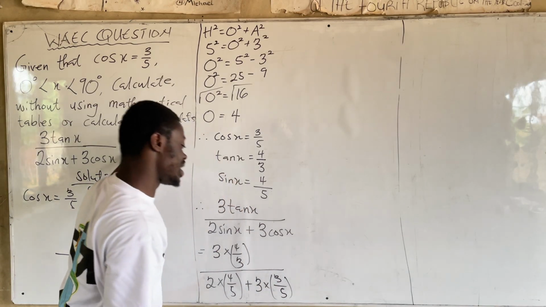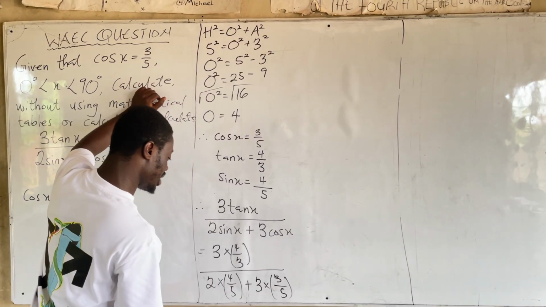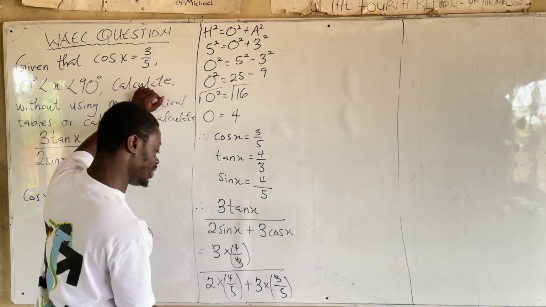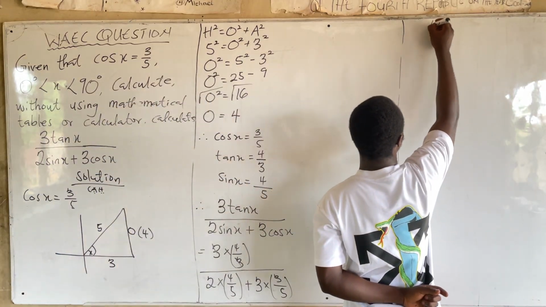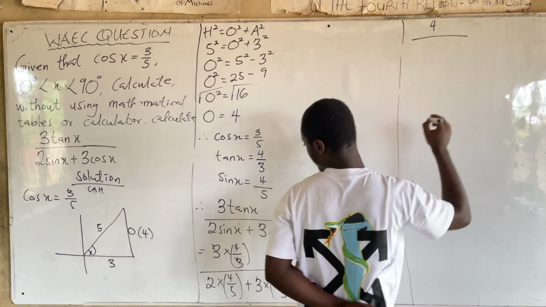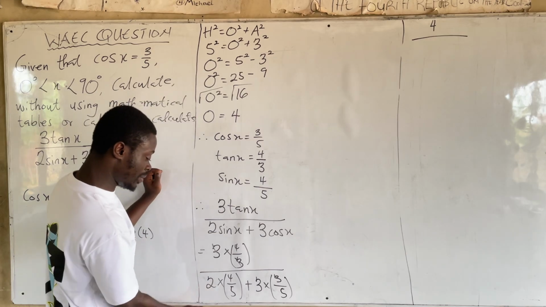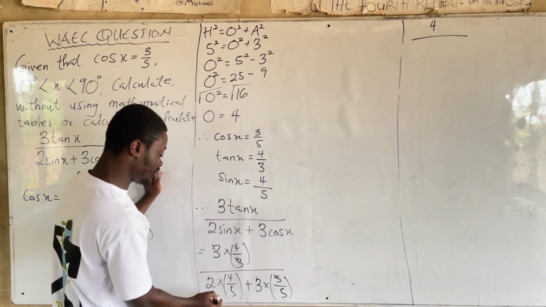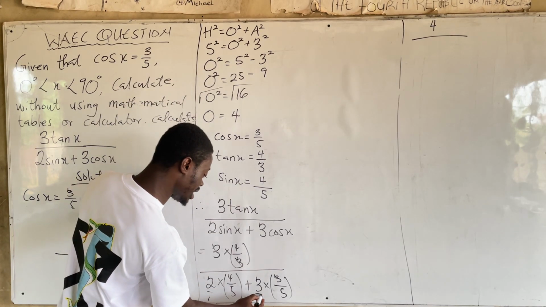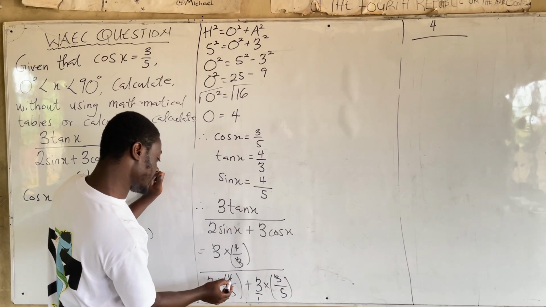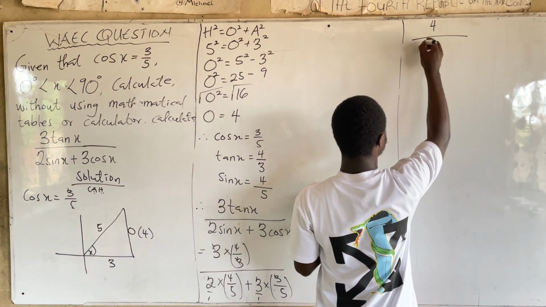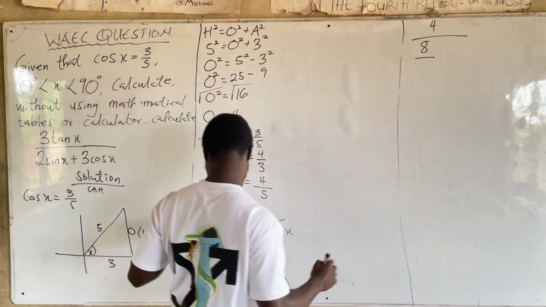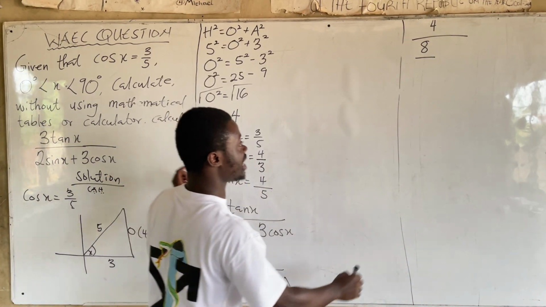Now let's break this down. Here 3 can cancel 3, so we are only left with 4 on top. Below, we cannot cancel, so let's just multiply straight. Here is over 1, also here is over 1. So 2 times 4 is 8, and 1 times 5 is 5, giving 8 over 5.